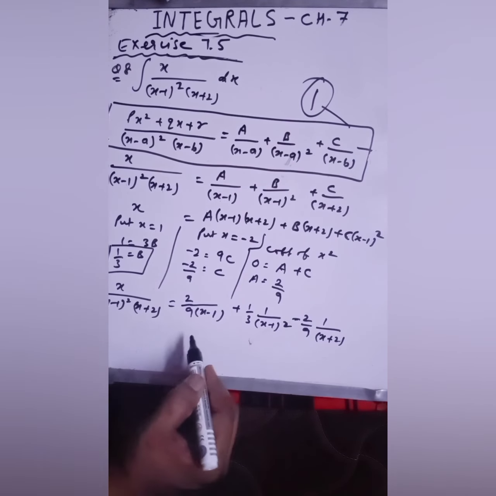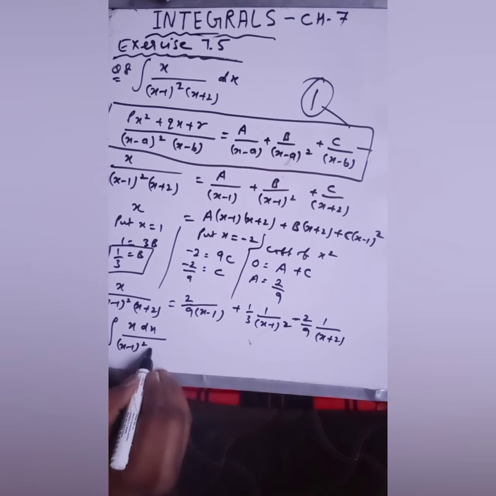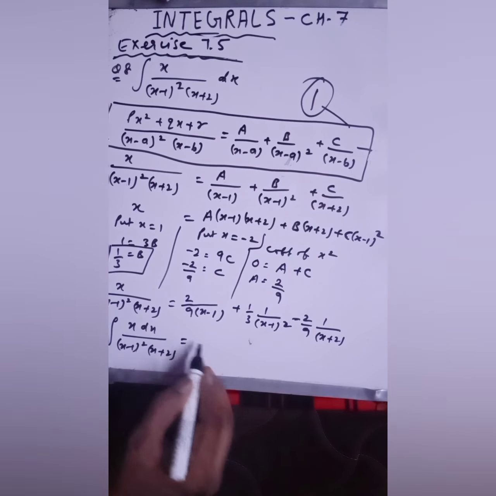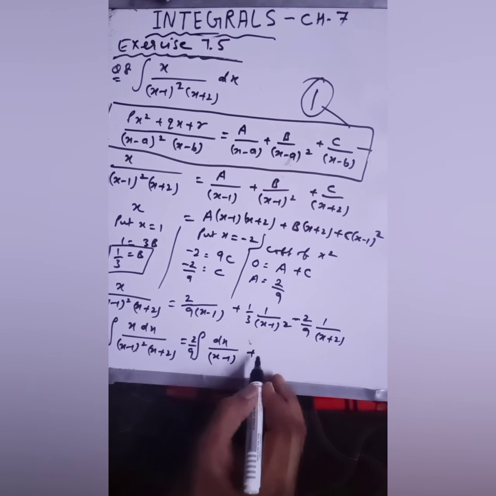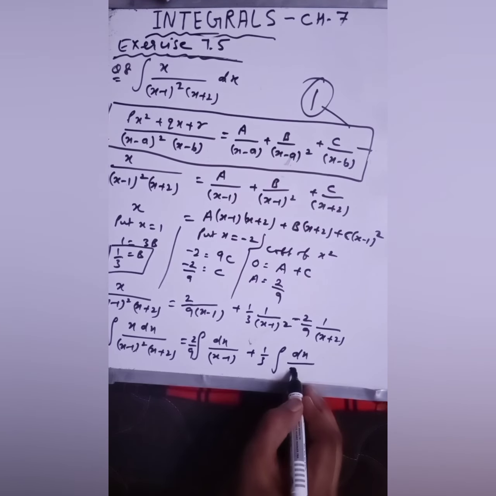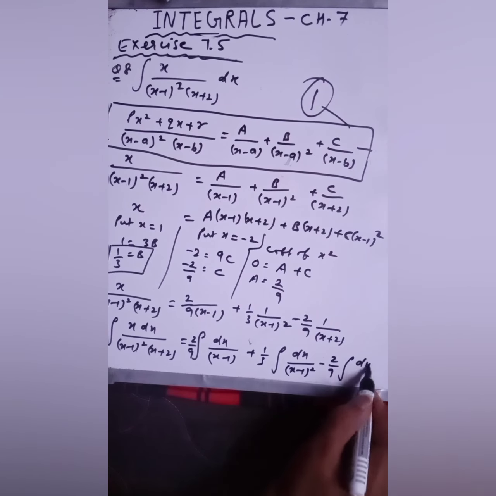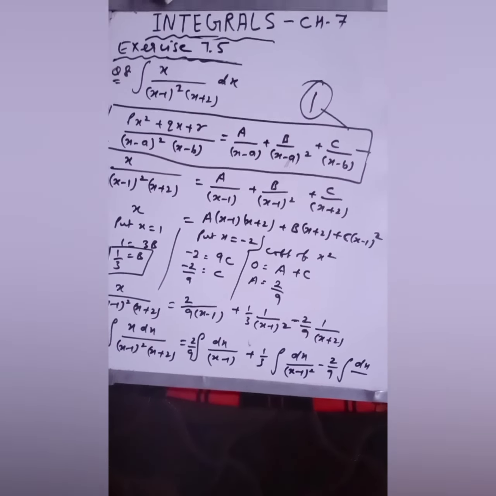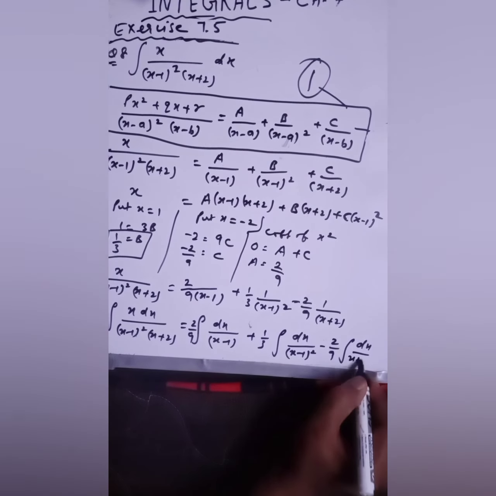Now simply you have to take the integration sign both sides. Integral x into dx over this, that is equals to integral of this, 2 by 9 will come outside, that is dx over x minus 1, plus 1 by 3 will come outside, integration of 1 over x minus 1 whole square, minus 2 by 9 integration of 1 over x plus 2 will come.